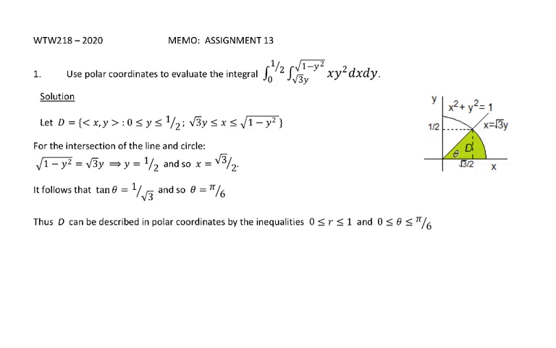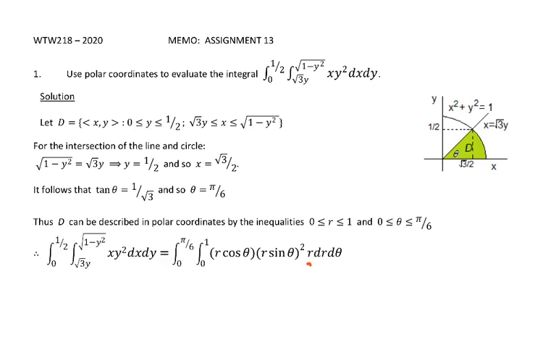We can now describe the region D in polar coordinates quite easily. R has to go from 0 up to the edge of the circle of radius 1, so r is between 0 and 1. And we calculated the maximum value of theta, so theta goes from 0 to pi over 6. We can now translate the integral in Cartesian coordinates to an integral in polar coordinates.